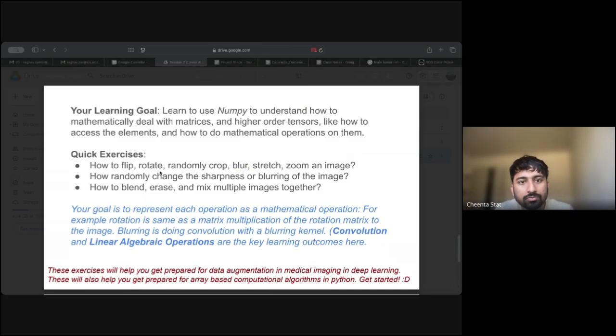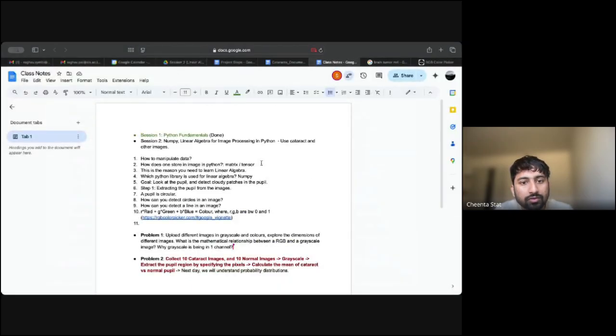Let me write it down. Apply all the transformations on any image you like.